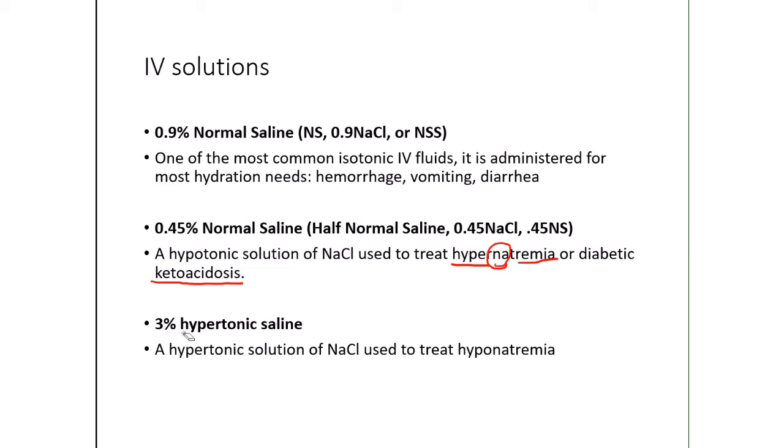Lastly, we have 3% hypertonic saline, and as the name suggests, this is going to have a higher salt concentration than within the cell, and you would give this to someone who is experiencing hyponatremia. For example, that contestant that I was talking about, who died from drinking too much water in the contest, if she arrived at the hospital quick enough, they might be able to save her by giving her 3% hypertonic saline, right?